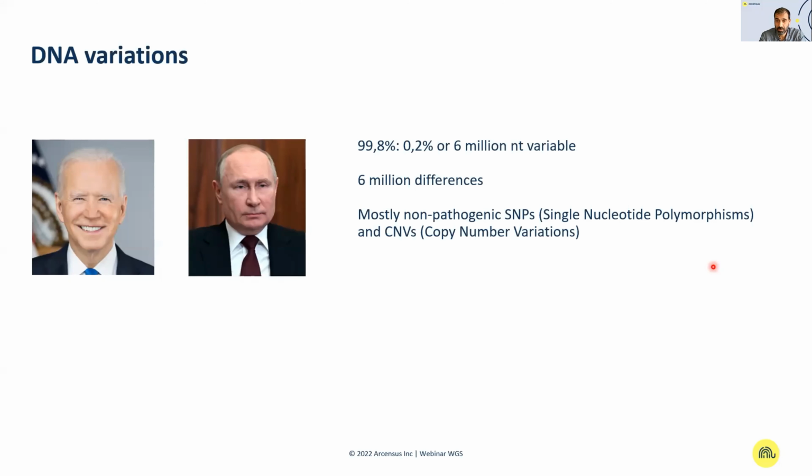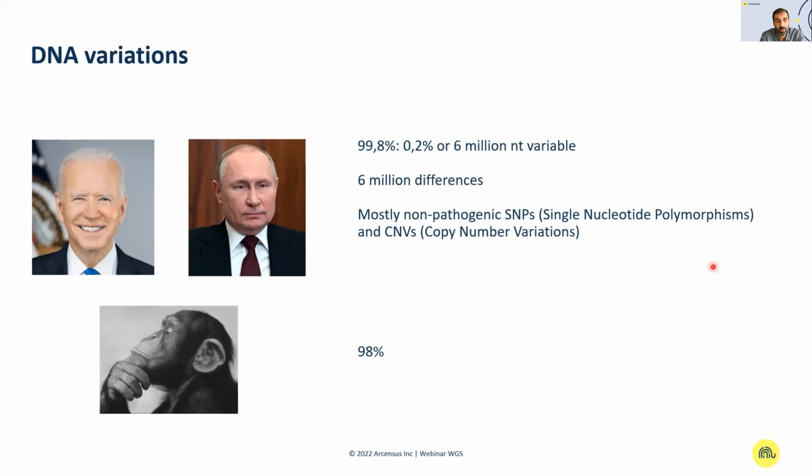Most of them are non-pathogenic, so they are either single nucleotide differences or they consist of large aberrations like copy number alterations. And just to bring this in perspective, if we compare the genome of the human to the genome of the chimpanzee, there's only a 2% difference between the two species. So it's actually a tiny number with regards to the differences.